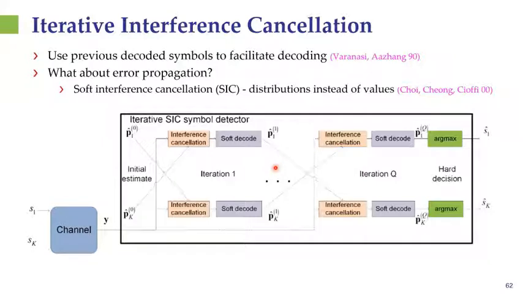It was derived about 20 years ago, and here, instead of estimating the symbols in each iteration, we're estimating a conditional distribution, which facilitates the estimation of the remaining symbols in the next iteration. So this looks like the block diagram we have here. We have the channel output. We're doing interference cancellation and recovering an estimate of the soft symbol at each iteration. And then we're using those soft symbols to cancel the interference in the subsequent iterations.